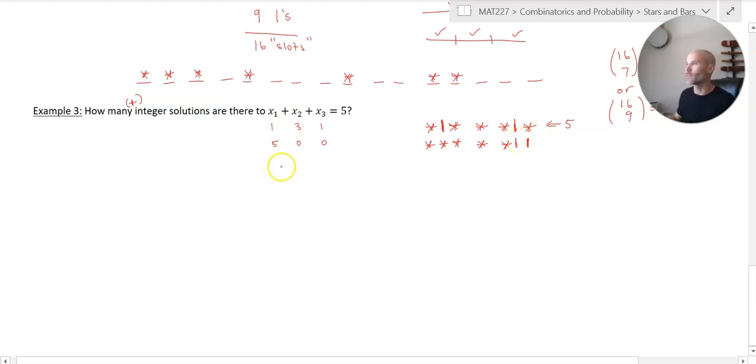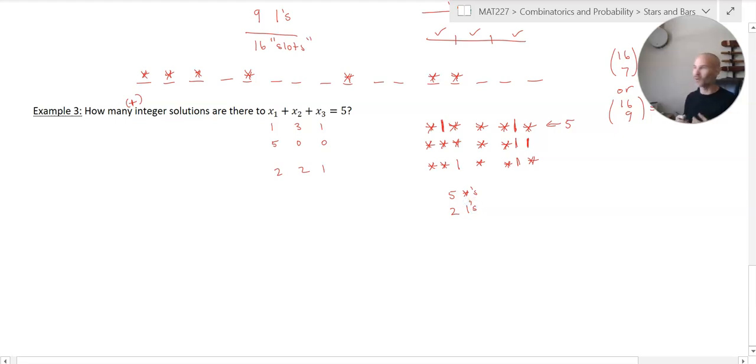Let's get one more possibility. Let's say x1 gets 2 stars. We're done with x1. x2 is going to get 2 stars. We're done with x2. x3 is going to get 1 star.